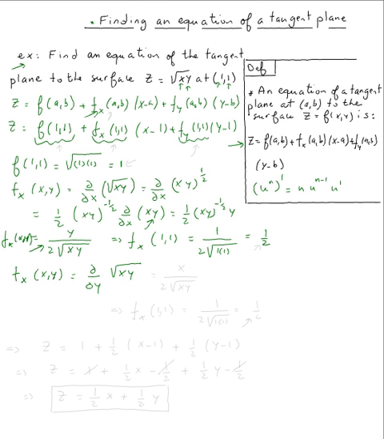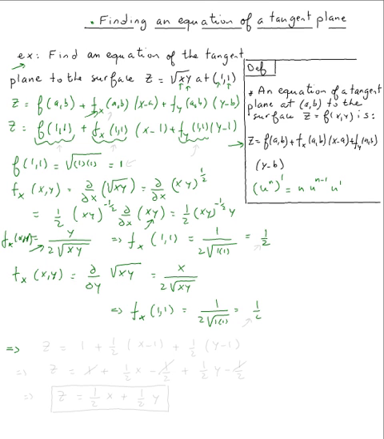So let's look at this. This is it. Now this means partial with respect to y at 1, 1 will be equal 1/2 times 1 times 1, which is also 1/2.